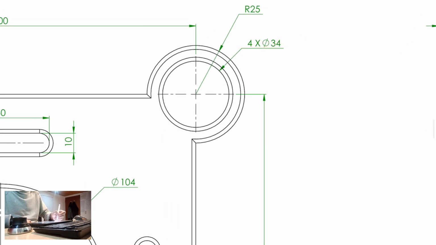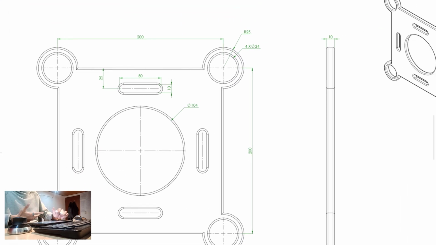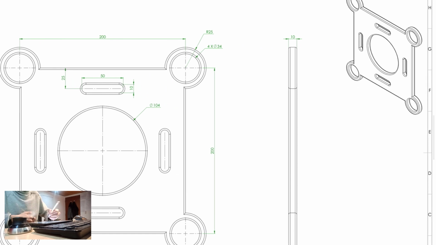That means that there are 4 circles that have a diameter of 34 millimeters. Why millimeters? Because since I don't find any information on the unit system, I can assume that these are millimeters.